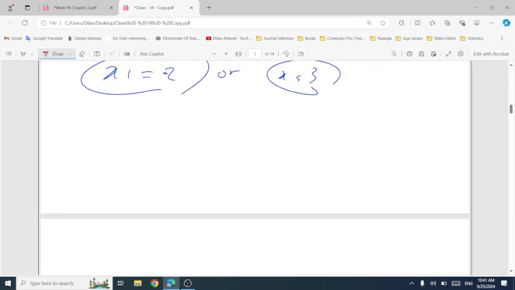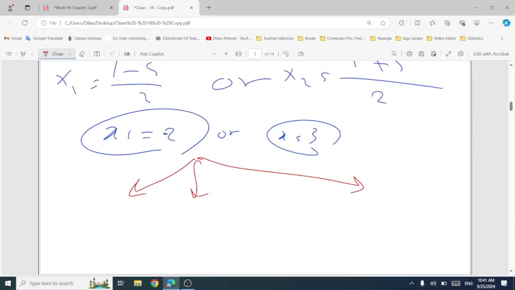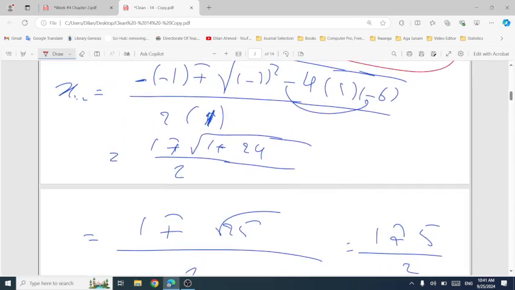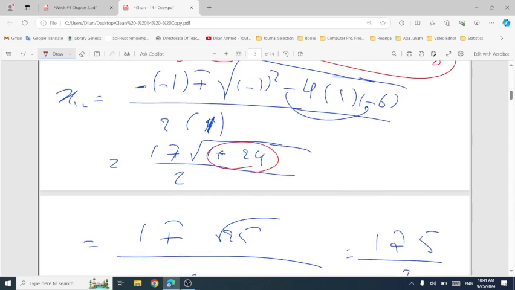The result of a quadratic equation, maybe you have three types based on the discriminant. What do you mean by discriminant? By discriminant, we mean what is under the square root.